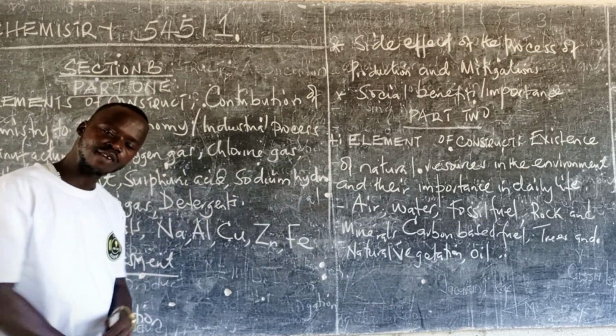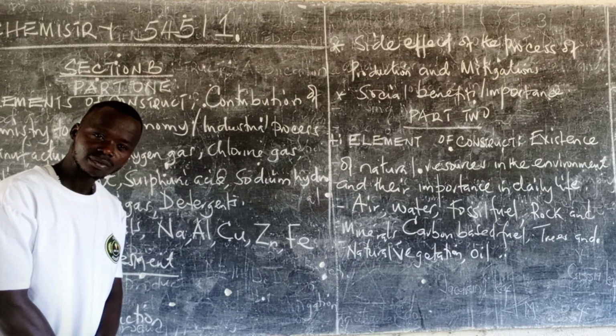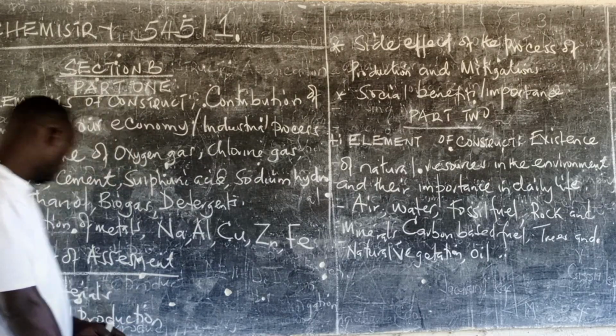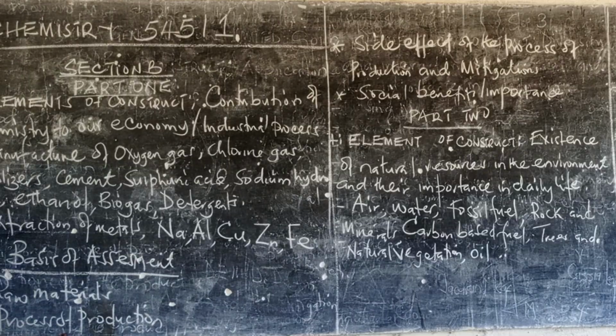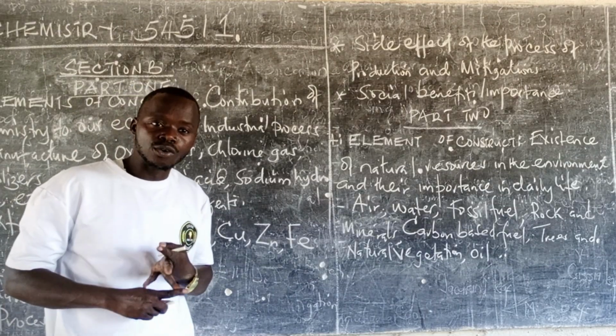And there would also be vessels which the learner is supposed to use. That takes us to the process of production. The learner must know the raw materials and the vessels to be used.